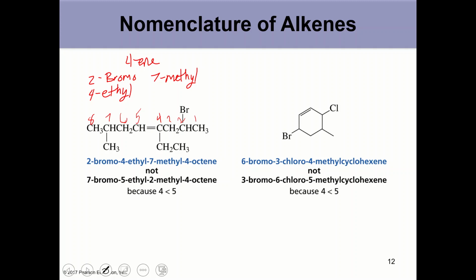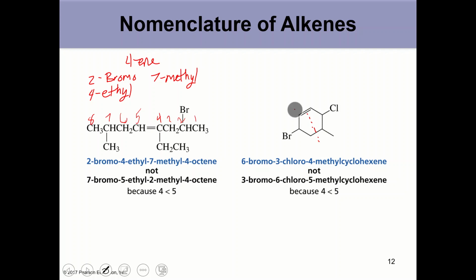Okay, for the ring, the pi carbons have to be carbons 1 and 2. The lowest possible numbering would have me moving towards the half of the ring with 2 substituents. So if I cut the ring in half across the pi bond, 1 half has 2 substituents, the other one has 1 substituent. I'm going to number towards the 2 substituents because that will give me the lowest overall numbering.